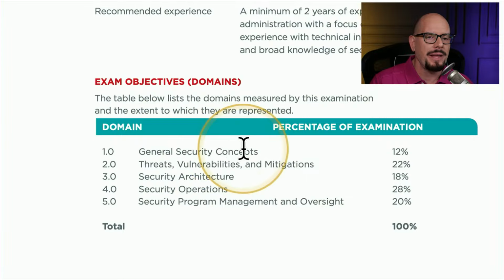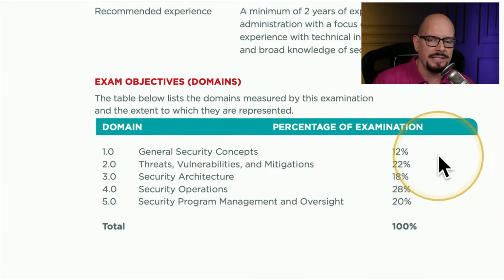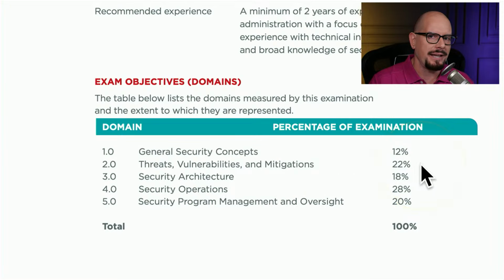So of everything in domain 1, that's 12% of the exam. Of everything that's in domain 2, that's 22% of the exam. So you could very broadly, if you simply assumed that every question was worth the same number of points, you could statistically figure out what you think a good number would be to shoot for to earn a passing score.